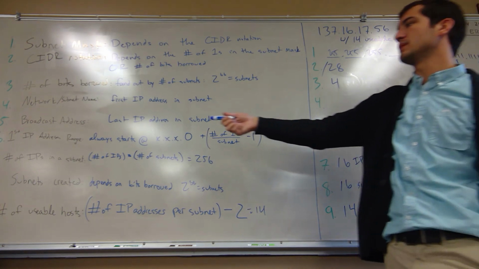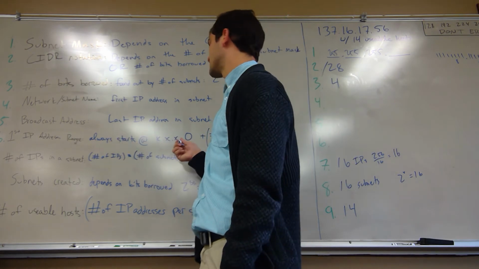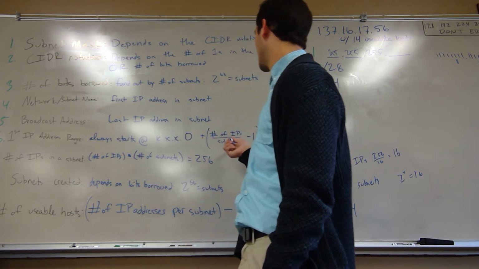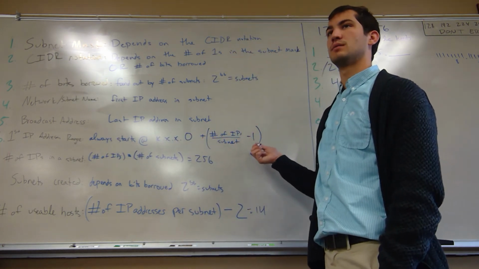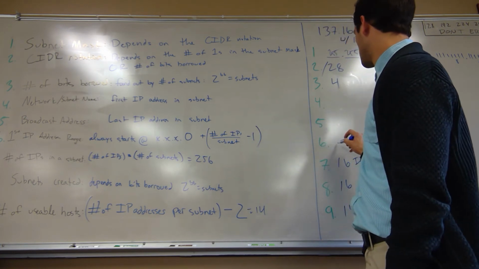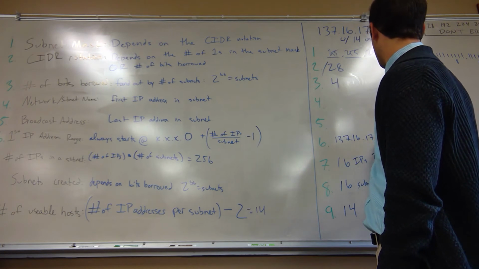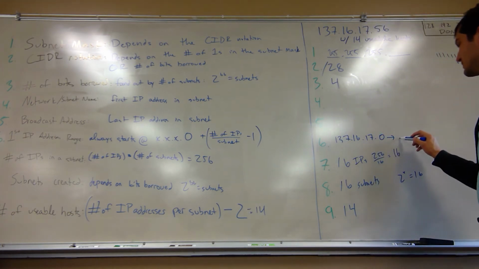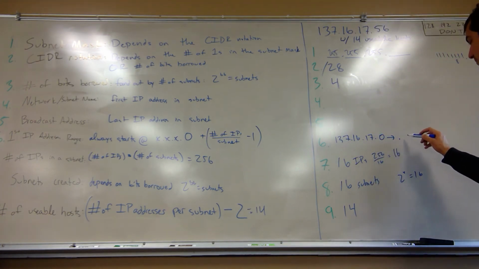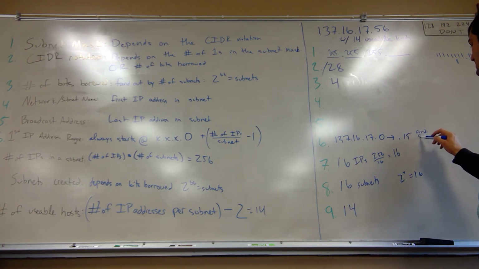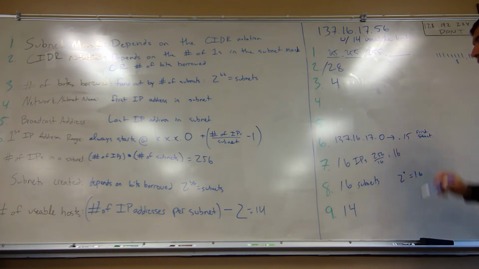Our first IP address range always starts at 0 plus the number of IPs in a subnet minus 1. So we're at 137.16.17.0 all the way to dot 15. That's our first subnet.